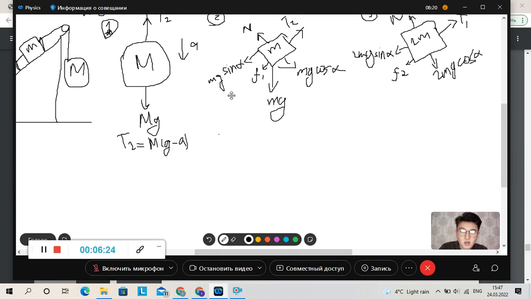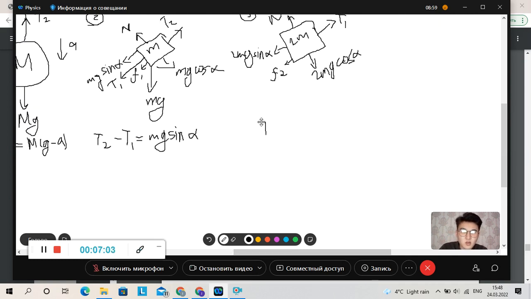And the second part: this will be T1, and T1 and T2 are opposite, so T2 minus T1 is equal to mg sine alpha.